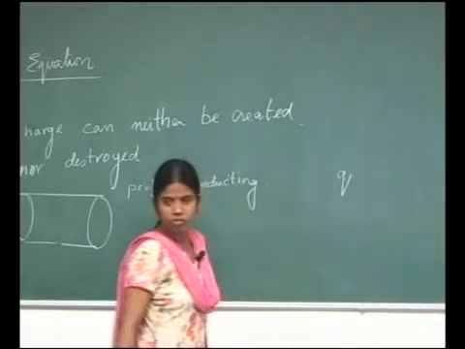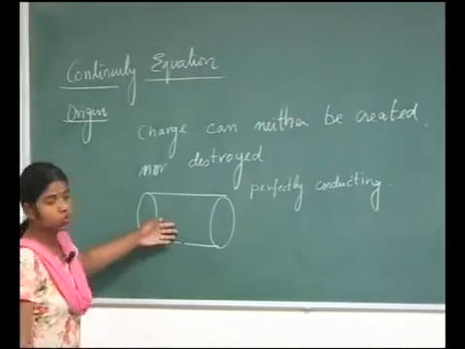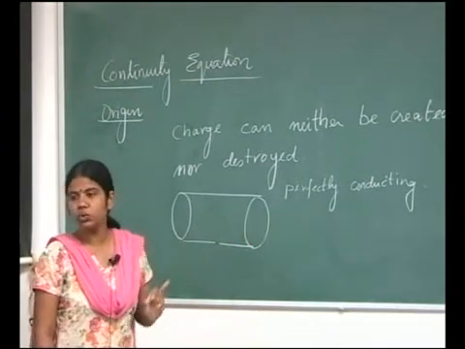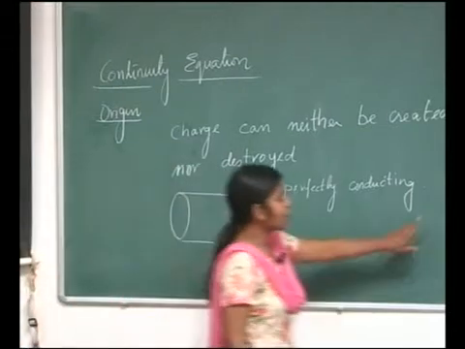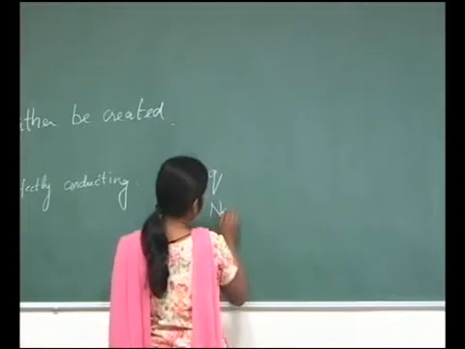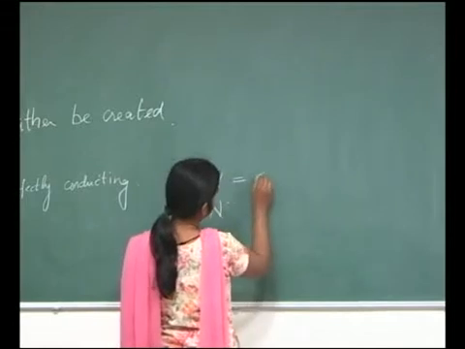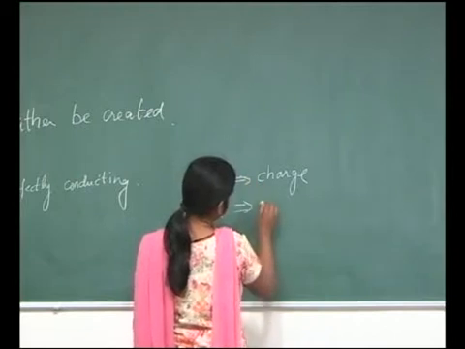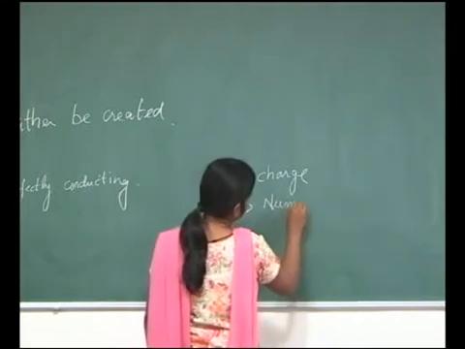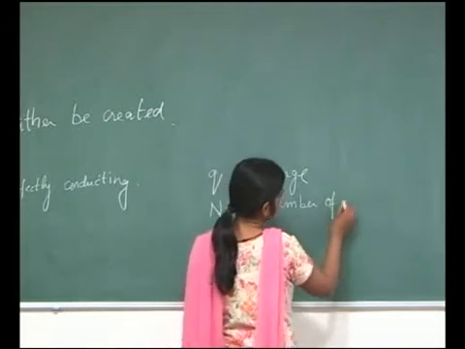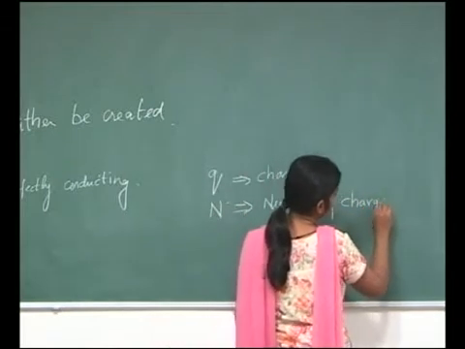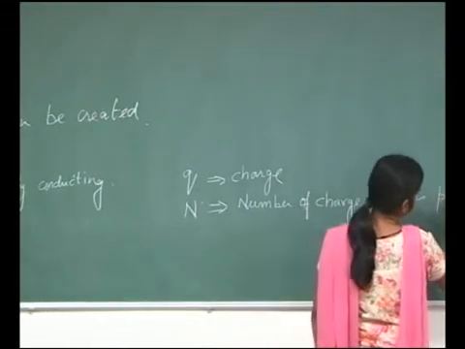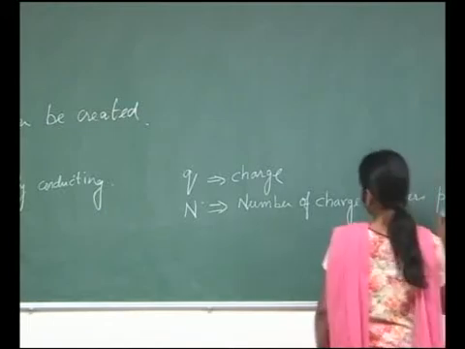It has charge of type Q, and I assume that there are n number of such charges present per unit volume. Q is the charge, and n is the number of charge carriers present per unit volume.